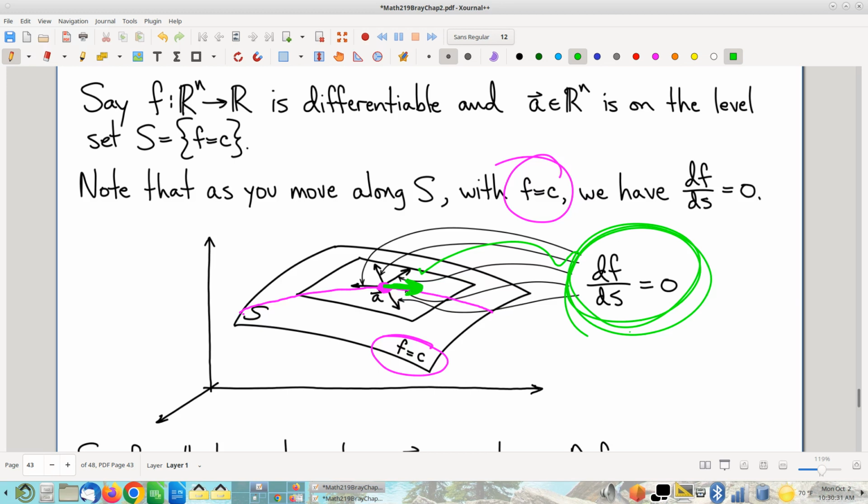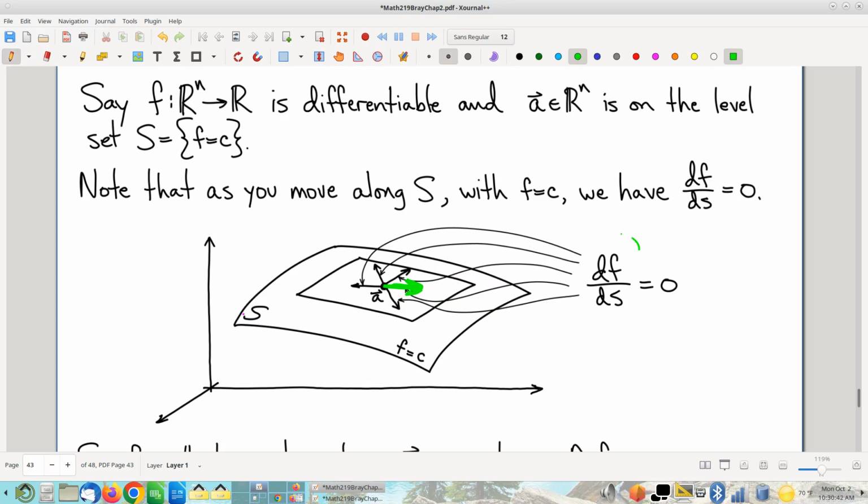Okay. Now, here's the thing. That applies to that vector, but it also applies to any other tangent vector.